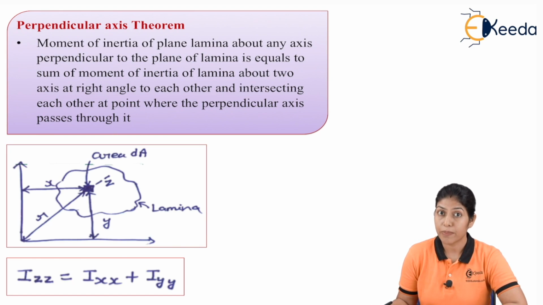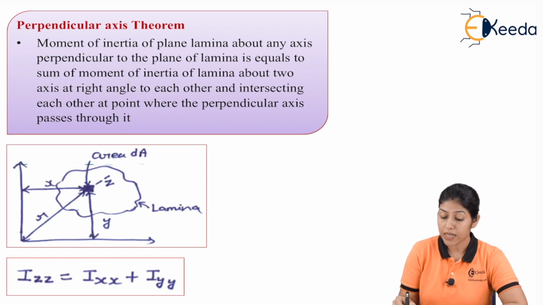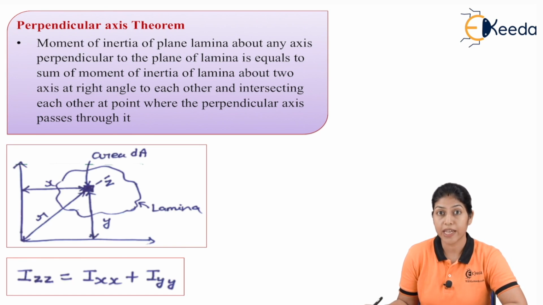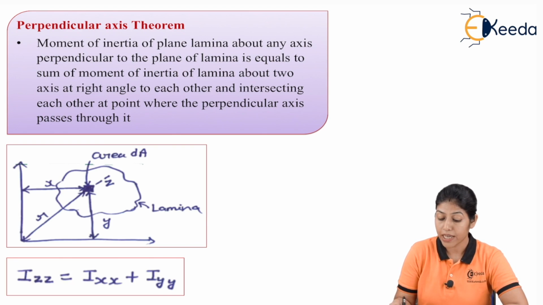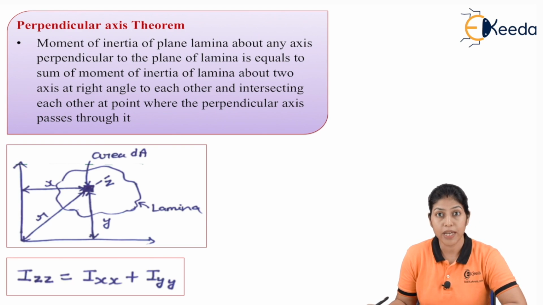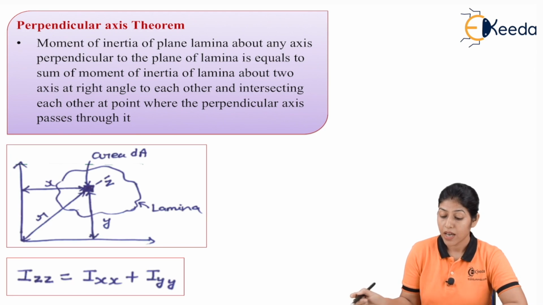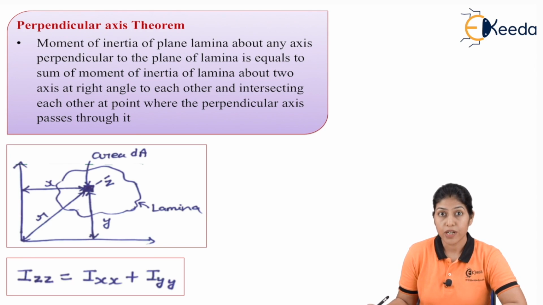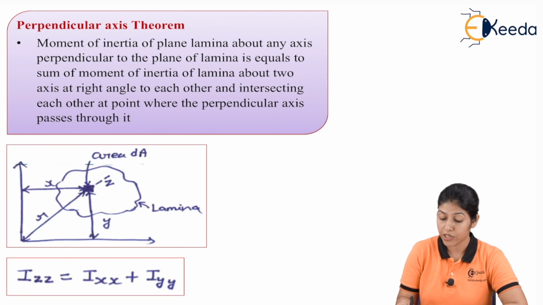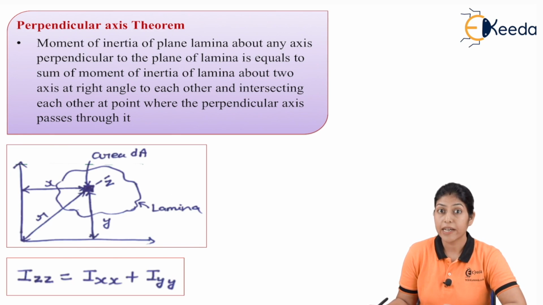As per the perpendicular axis theorem, if we are considering the moment of inertia of a plane lamina about an axis which is perpendicular to the plane lamina, let us consider the z axis as the axis perpendicular to the plane lamina. The moment of inertia about the zz axis for the plane lamina will be equal to the sum of the moments of inertia of the lamina about two axes which are at right angles to each other.